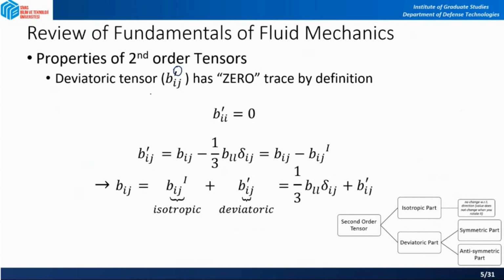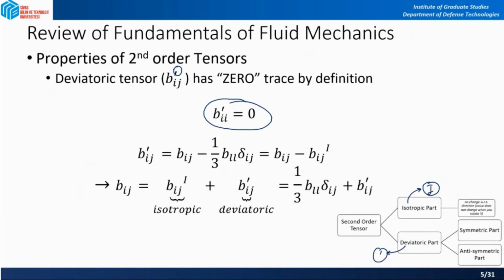So the deviatoric part is with prime sign, the isotropic part is with I sign. And deviatoric tensor, Bij prime, has zero trace by definition. So we actually define that the trace of the deviatoric part is zero. You have to remember this.